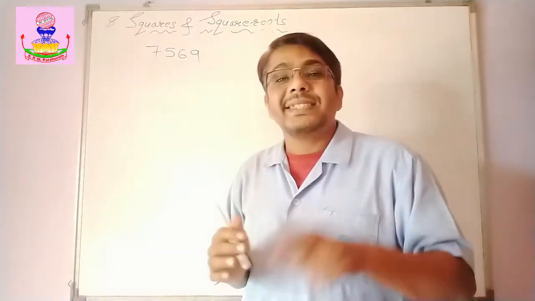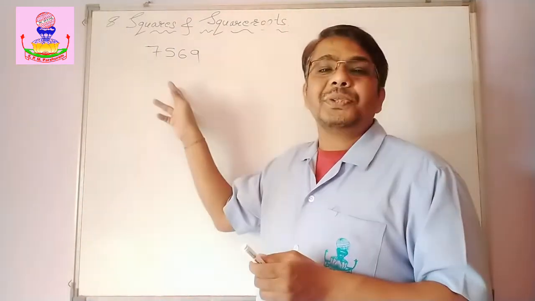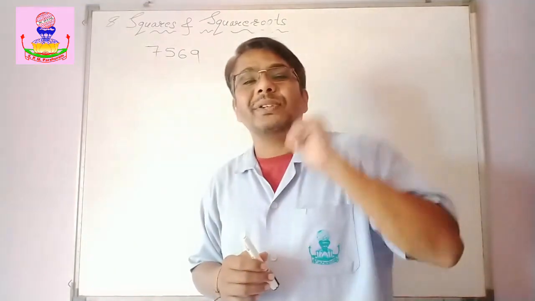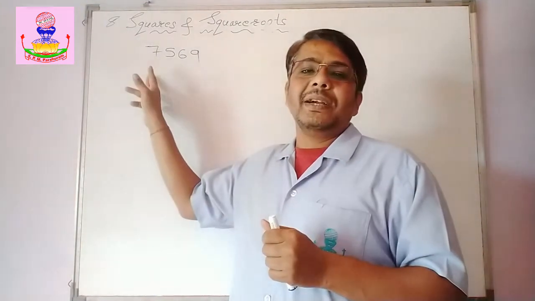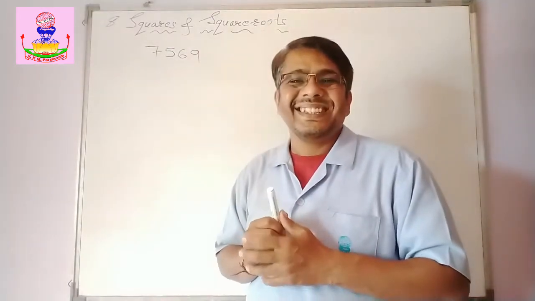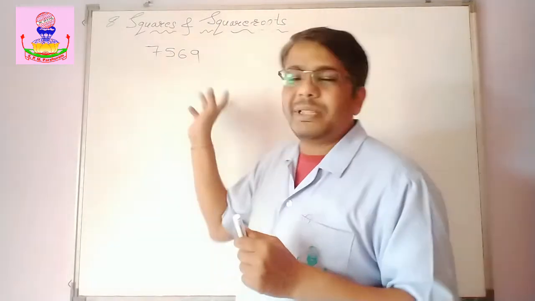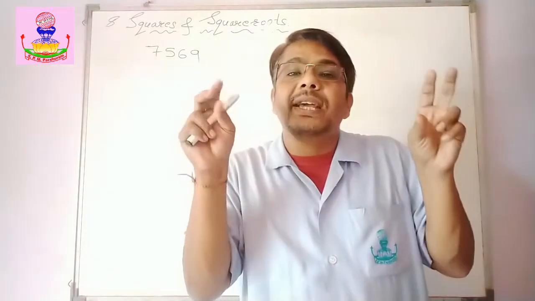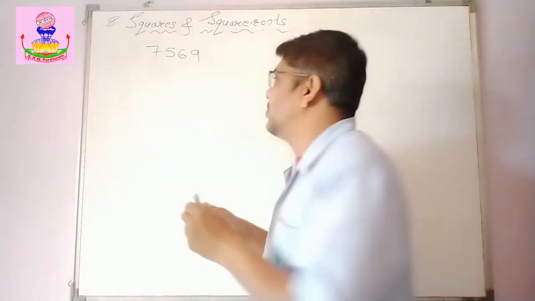70 square is 4900. It is still small. 80 square is 6400. It is bigger than that. 90 square is 8100. This number is bigger than ours. That means this number lies between 80 square and 90 square.